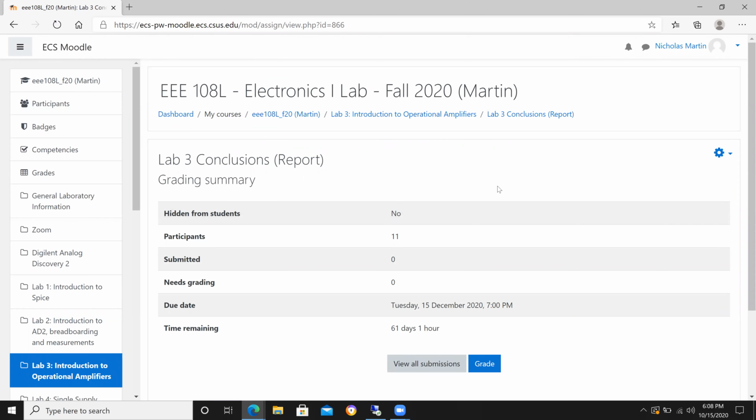Okay, we'll get to the report date in a minute. So here's the real deal. I've set the due date on all these labs to be at the end of the semester, finals week. The reason I did that is because I anticipate that there's going to be unforeseen circumstances where people are going to fall behind, something's going to happen, maybe worst case, hopefully this doesn't happen, but someone gets really sick.